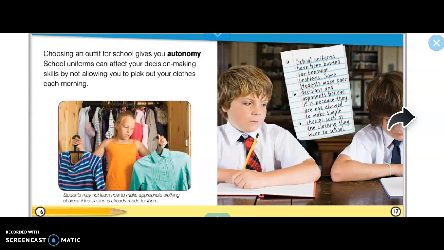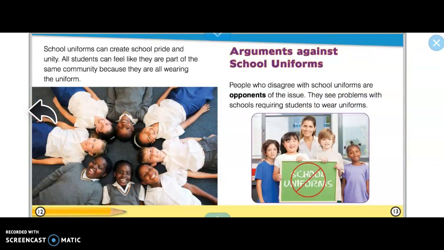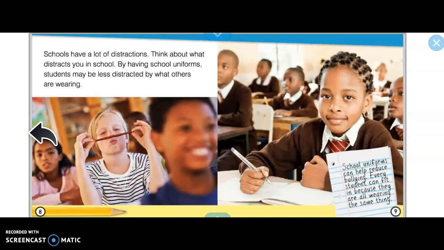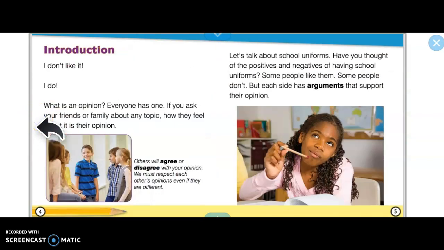So I am going to give you this book in the next couple of slides. I may just do a screenshot of each, because I think if I try and give you the link, it may or may not take you to it. So I'm going to put the link in the next slide. And if the link does not work, then you're just going to read the screenshots that I have in the following slides.